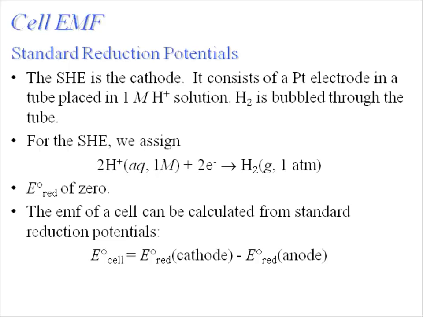So hydrogen electrode means you have got H plus and you have got hydrogen gas, but standard hydrogen electrode means 1 molar H plus and 1 atm hydrogen gas. So that's called standard hydrogen electrode, which is the referral electrode.